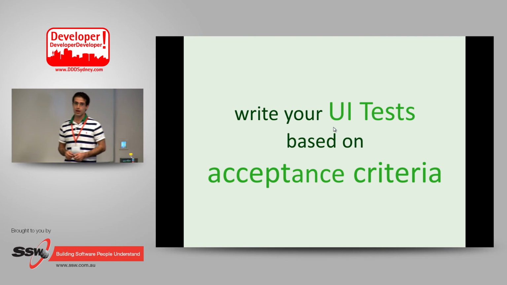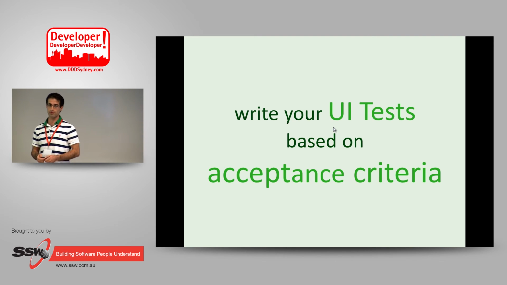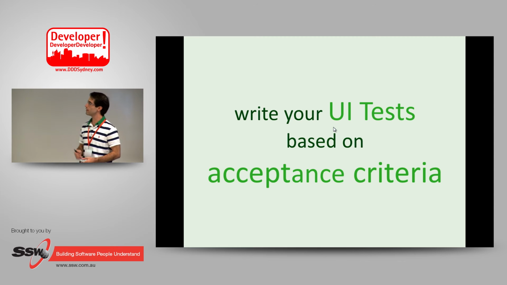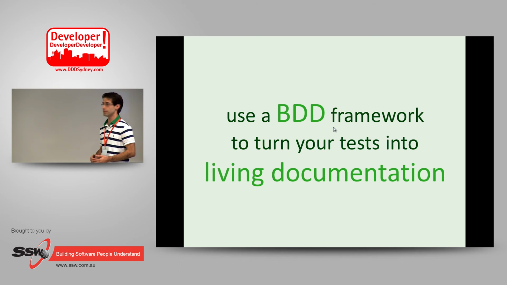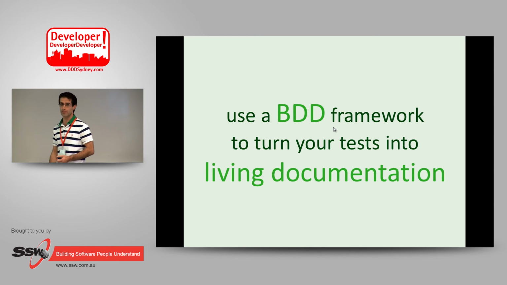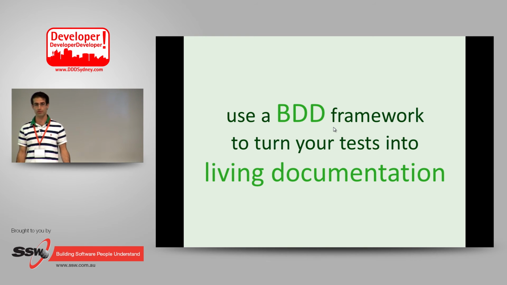If you're using Agile, or if you're not using Agile but using some sort of user stories, or if you don't have user stories but have got some sort of acceptance criteria of the features that you're working on, you can write your UI test based on those acceptance criteria. And you can use a BDD framework to implement that acceptance criteria, and hopefully that BDD framework generates some sort of documentation for you. That means that when you change your test, you're going to get documentation that matches your test.